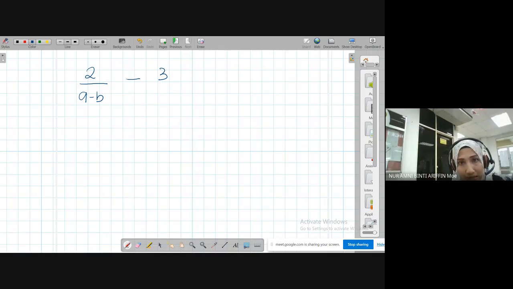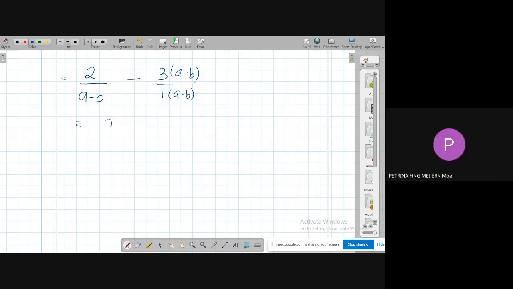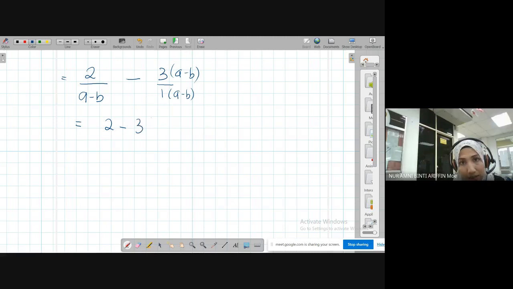You kena jadikan this one A minus B and then A minus B. So 2 minus 3(A minus B), over A minus B. Betul tak? So dia memang tak boleh potong sini dengan sini, sebab ini adalah satu ungkapan.